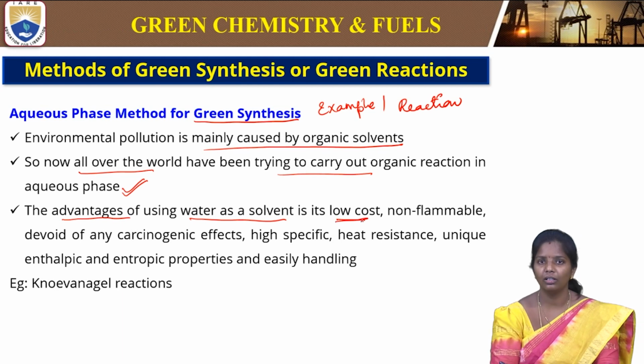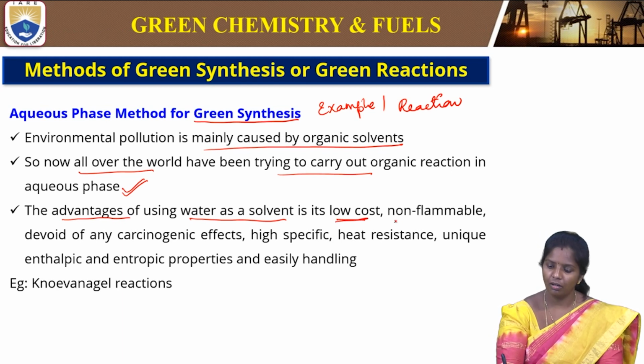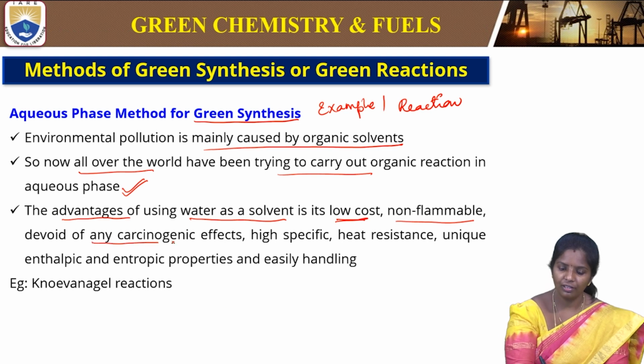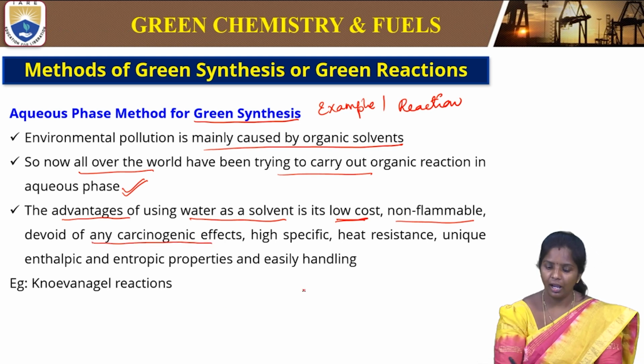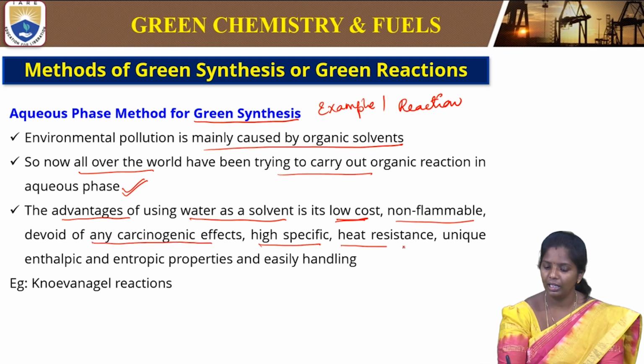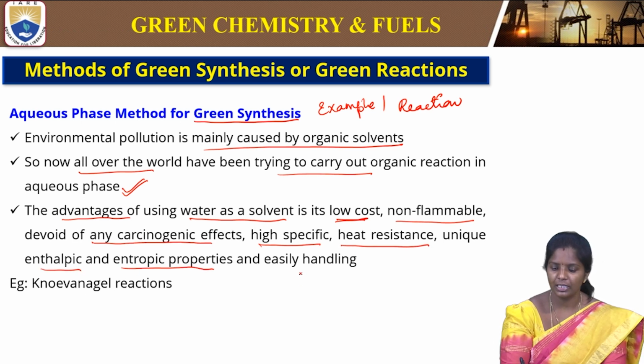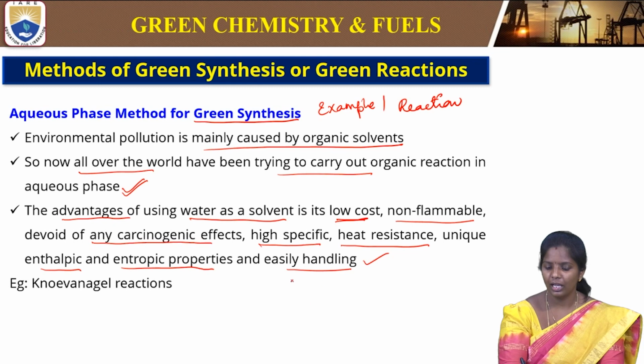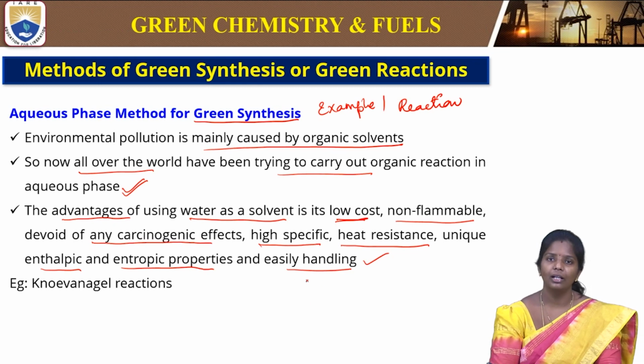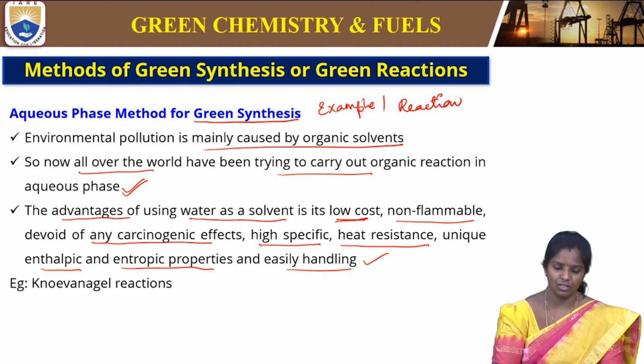Why are we using water? Because it is low cost, non-flammable, devoid of any carcinogenic effects, highly specific, heat resistant, has unique enthalpic and entropic properties, and is easily handled. Easy handling is also one of the reasons water is used in most reactions, as it avoids some complications.